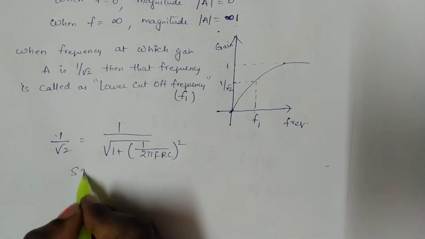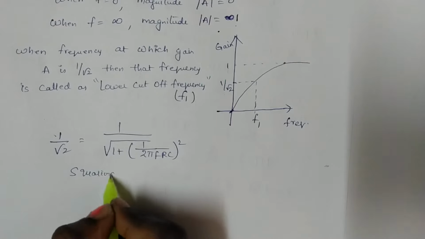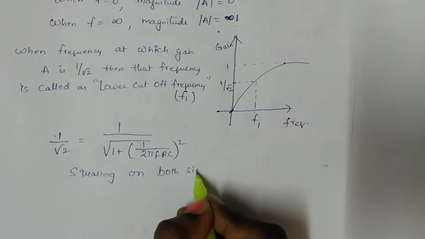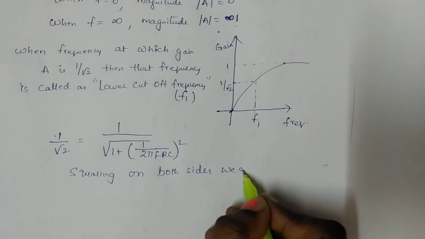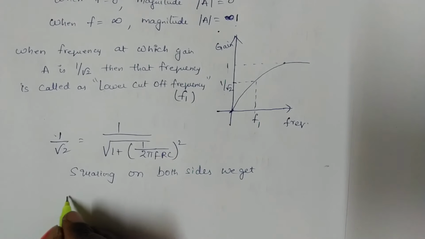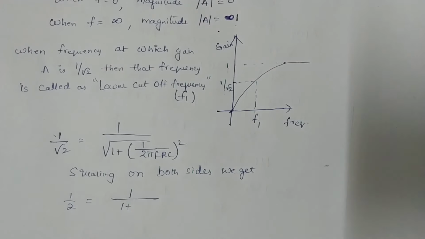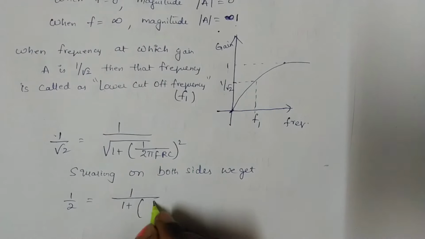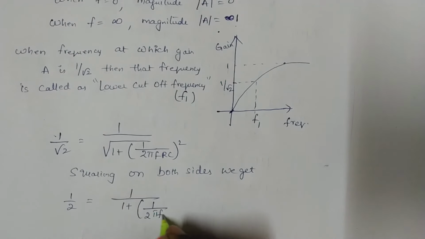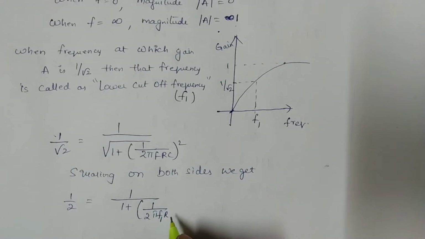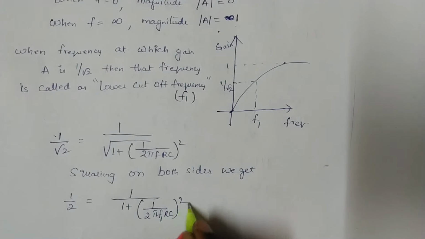Squaring on both sides for simplification, we get 1 by 2 equals 1 by 1 plus (1 by 2 pi f1 RC) whole square.